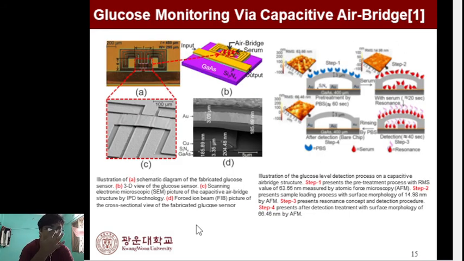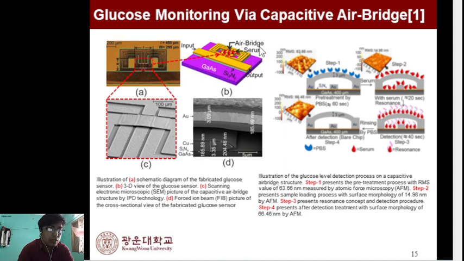Another type of glucose monitoring system is via capacitive ER based sensing. The first is the schematic diagram of the fabrication of the glucose sensor, and the second is the 3D view. Here we see the gallium arsenide, and the Si3N4 silicon nitride oxide for this layer.